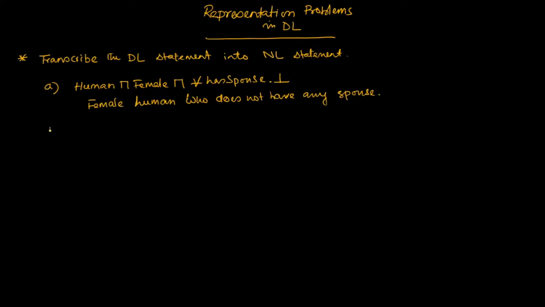Now let us think about the second problem. In the second problem, we have something like this: human and not female and has sibling there exists has child thing.